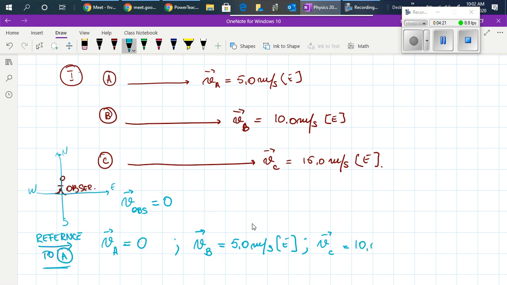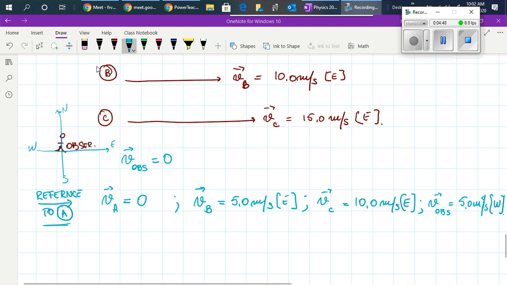It is 10 meters per second going east. And when object A, carrying the system of reference, sees what the observer is doing, you will see that the observer has a velocity of 5 meters per second going west. Is this clear?